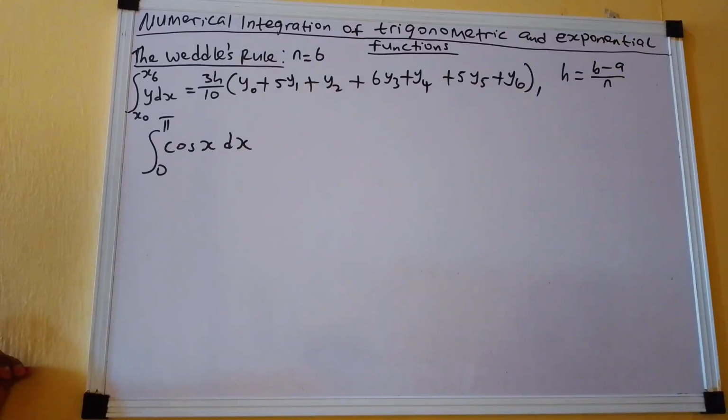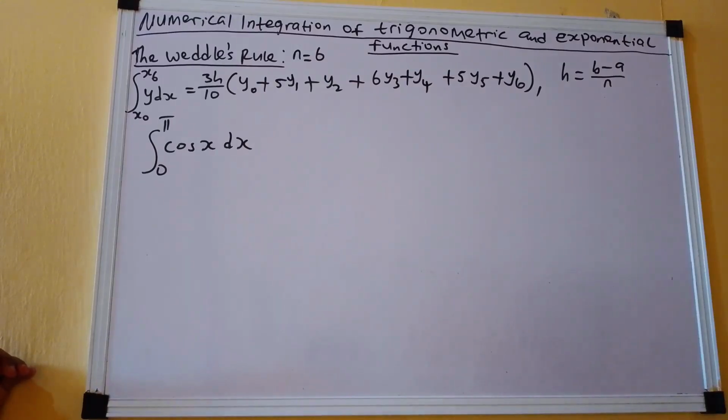When we talk about trigonometric functions, we're talking about functions that have cosine, sine, cotangent, secant, cosecant, and the rest of them. Those are equations or functions involving trigonometric functions.